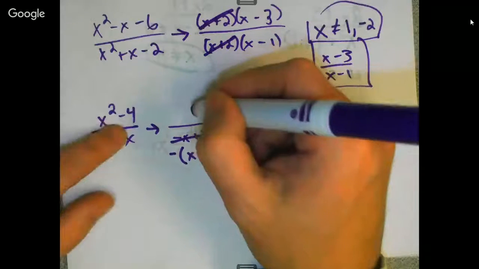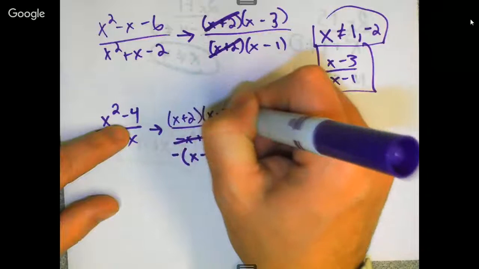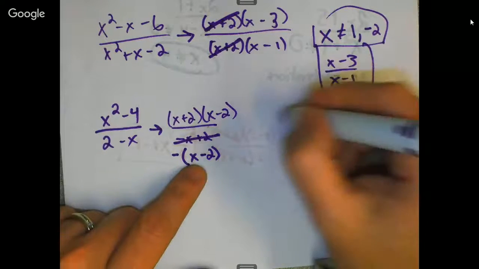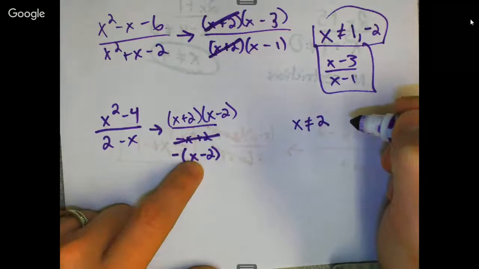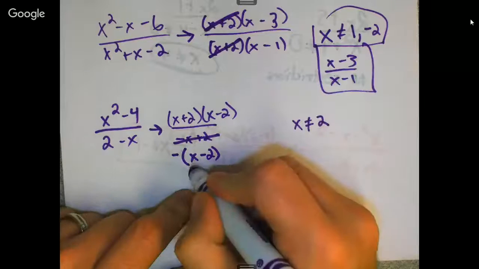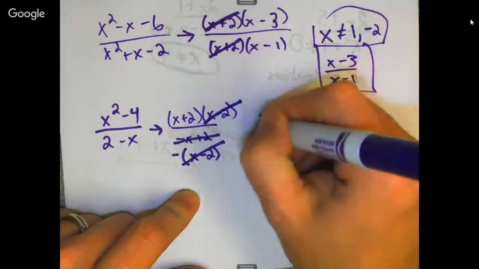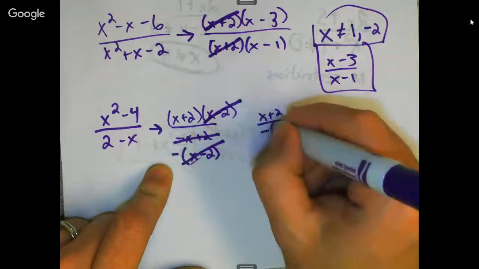This is a difference of squares, so it'll be x plus 2, x minus 2. We'll go ahead and restrict our domain, so x cannot be a positive 2, because I'll get a 0 there. Okay, and then we cancel. So cancel, cancel. Give x plus 2 over, and since this went away, but I still have that negative, it's a minus 1 on the bottom there.